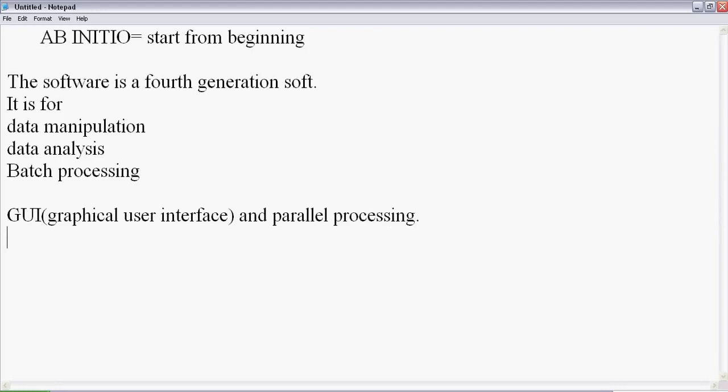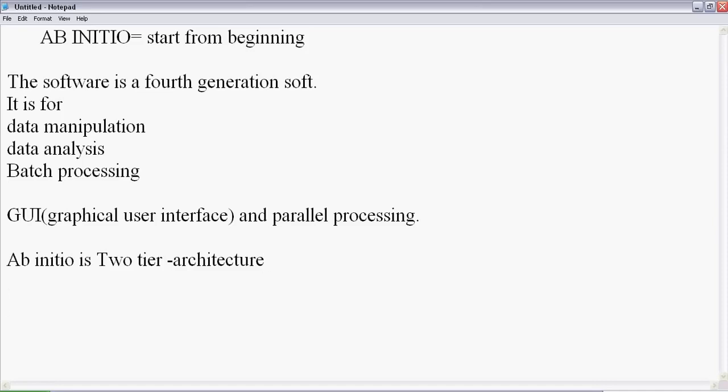So Ab Initio is a two-tier architecture. How can it be a two-tier architecture?